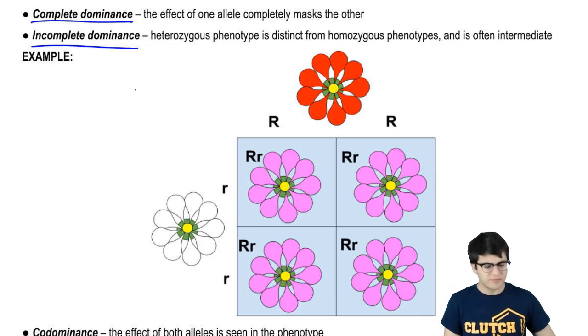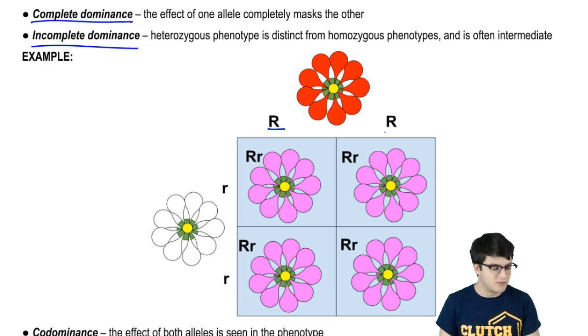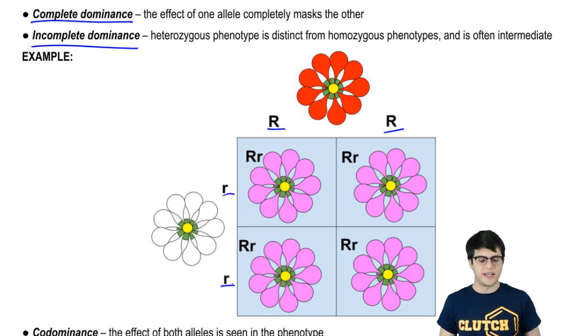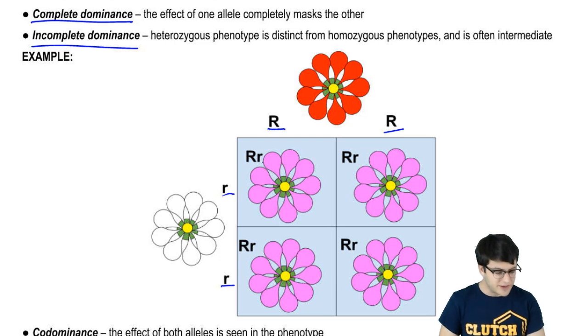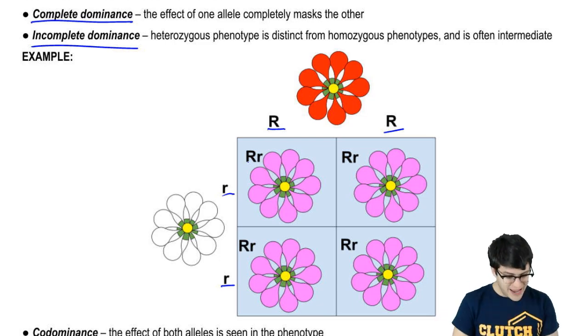So, if we take a look at this example of a cross between this red flower and this white flower, we see that the red flower is homozygous with these two capital R alleles. The white flower is homozygous with these two lowercase r alleles, and their offspring are all heterozygous.